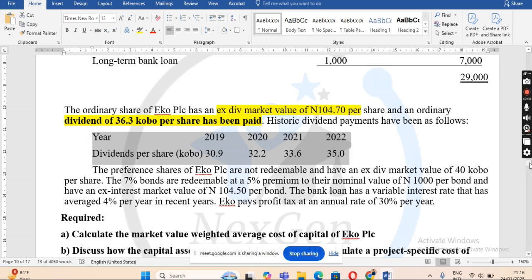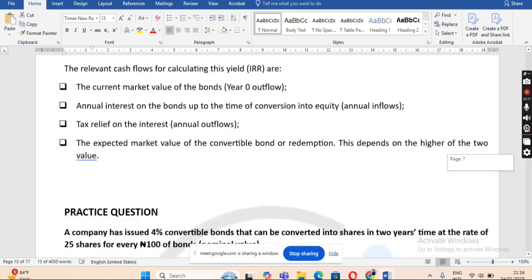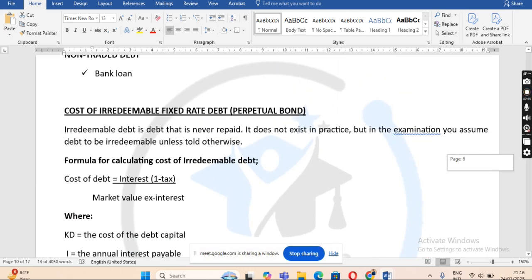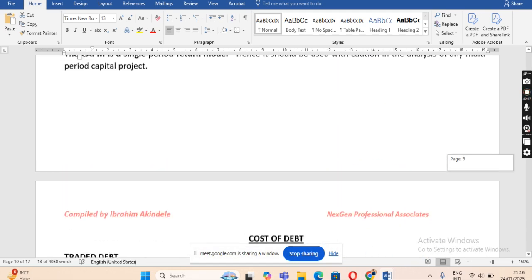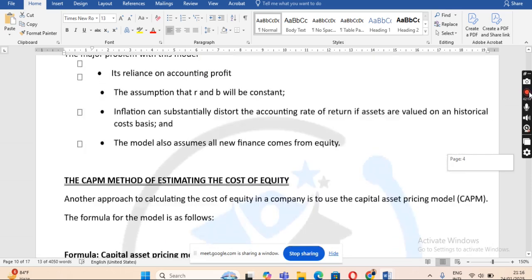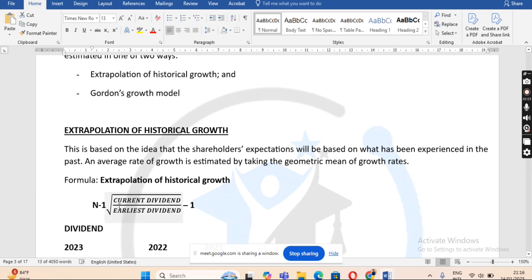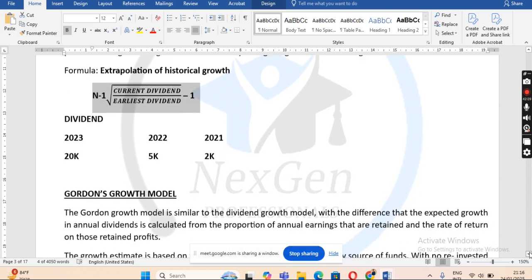Now, if that is established, what is our formula for calculating extrapolation? Someone should give us the formula. I just want to copy the formula for calculating extrapolation. Okay, this is it here. It's very simple, right?